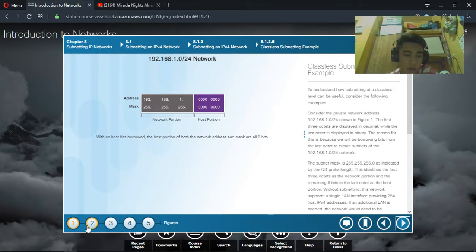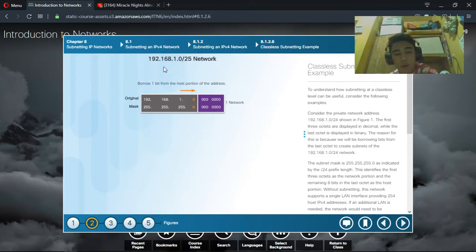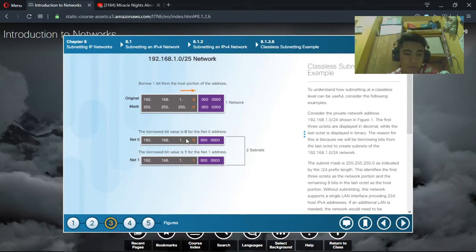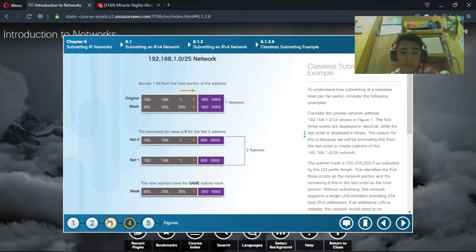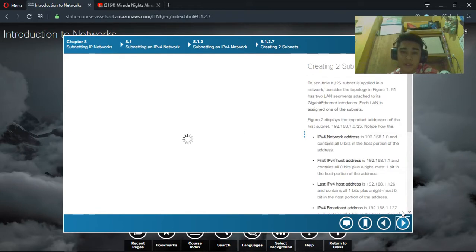If we borrow one bit from the host portion, then the borrowed bit value is 0 for the net 0 address, and the borrowed bit value is 1 for the net 1 address. The new subnets have the same subnet mask. Let's proceed with creating two subnets.